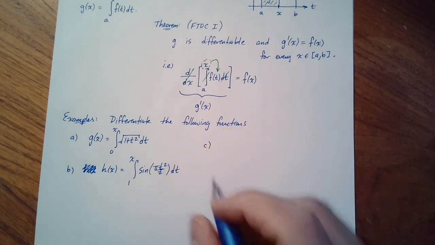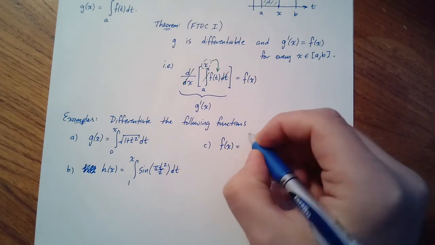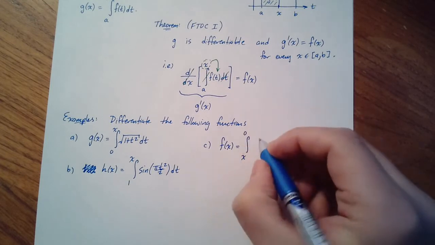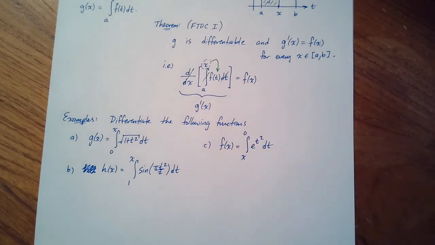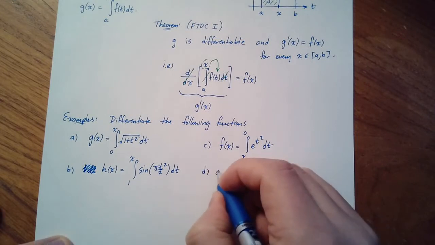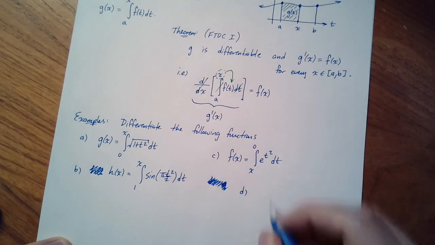In part C, I've got function f of x now, and it's going to be defined as the definite integral from x to 0 of e to the t squared with respect to t, and then finally the last one, q of x. I don't think I have enough room to write it here. Let me scratch this out and start it down a little bit lower.